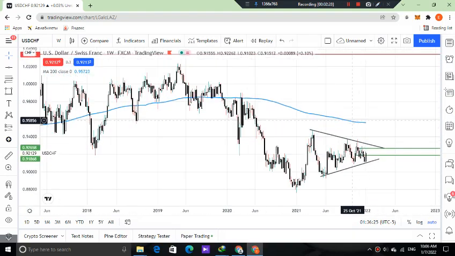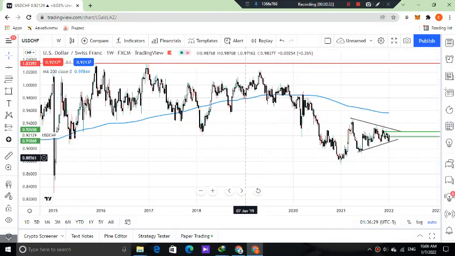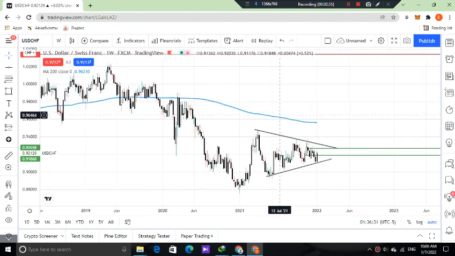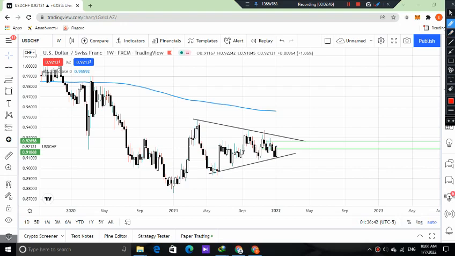If you look closer and see the price chart, you can see price inside a triangle, and you can draw this uptrend and downtrend line.